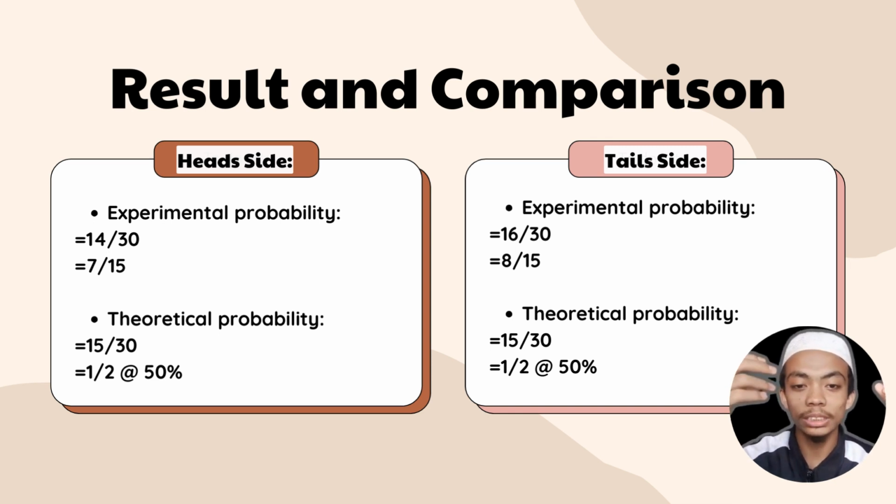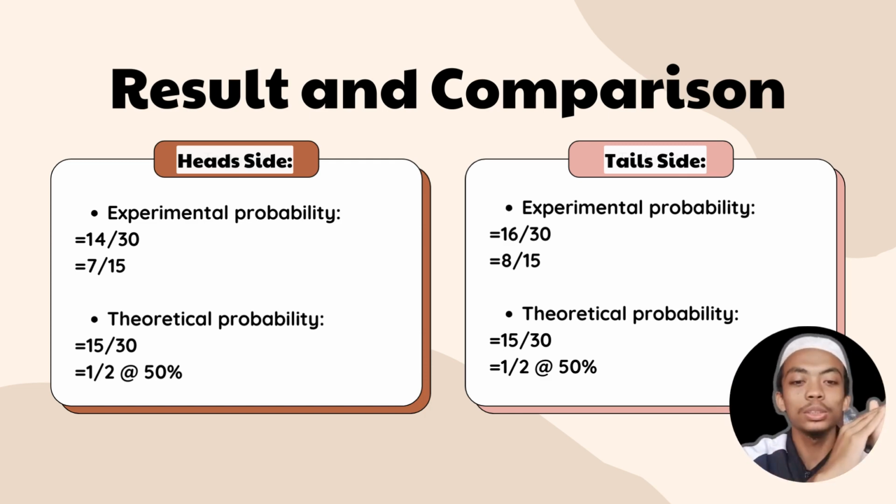The experimental is 7/15, and for the theoretical, since we have two sides, it is 50-50, so it is just 1/2.